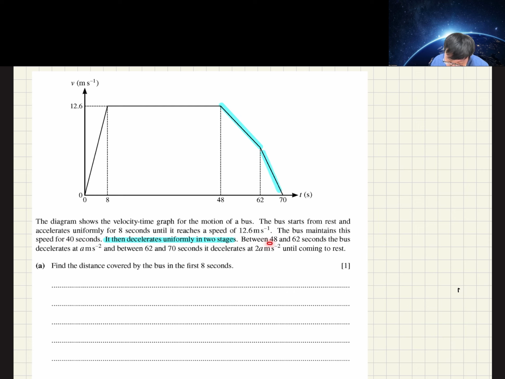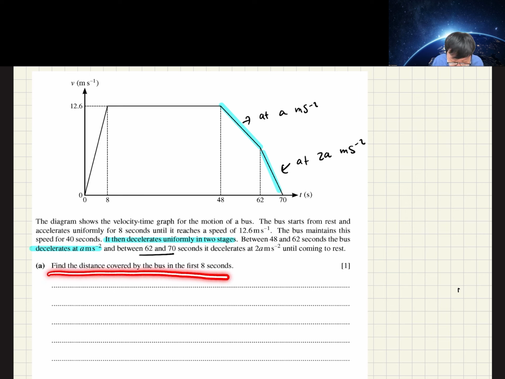Between 48 and 62, it decelerates at A meters per second squared. But between 62 and 70, it decelerates at 2A meters per second squared until it comes to rest. The first question is to find the distance covered by the bus in the first 8 seconds.